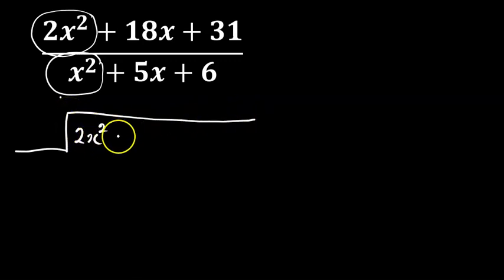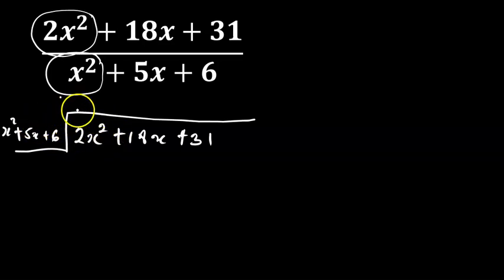So I'll be saying 2x squared plus 18x plus 31 is going to be divided by x squared plus 5x plus 6. So that my expression becomes: x squared into 2x squared gives 2. 2 times x squared plus 5x plus 6, I'll be left with 2x squared plus 10x plus 12.